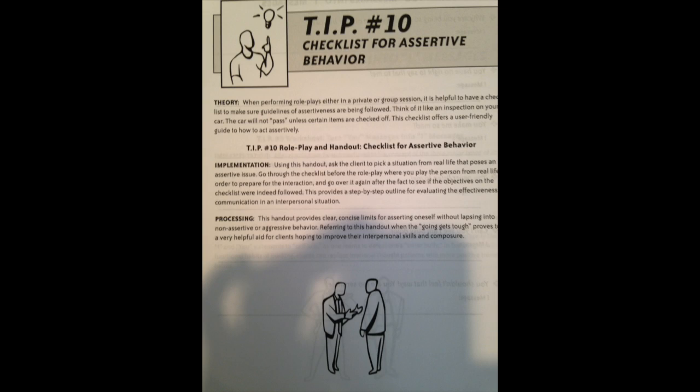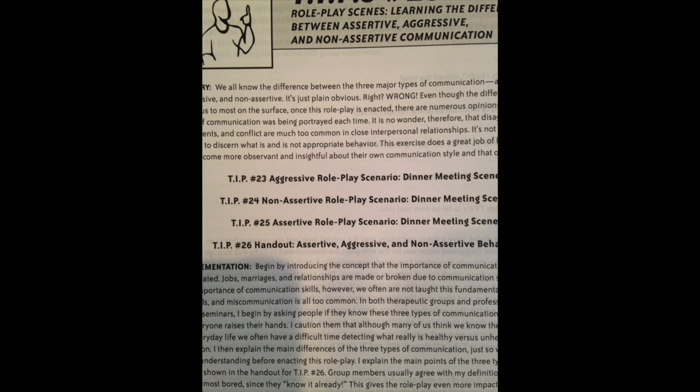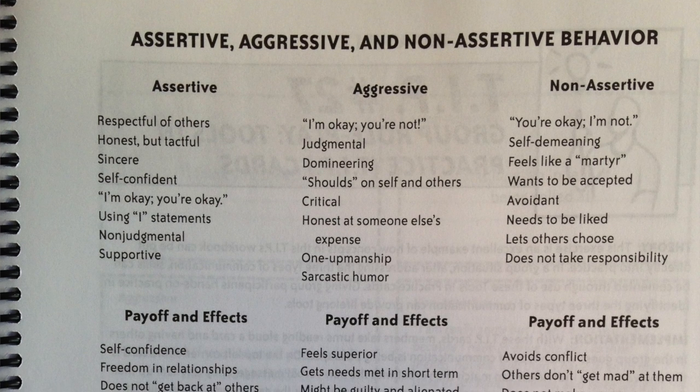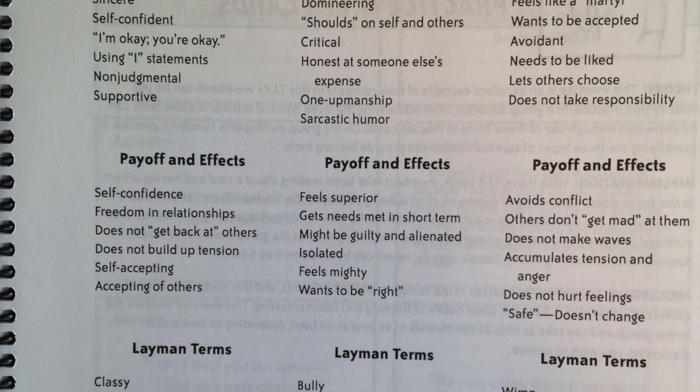For example, I have role plays, checklists, and reproducible handouts and worksheets to help you and your client practice assertive skills, and they can apply these skills directly and immediately in their lives.